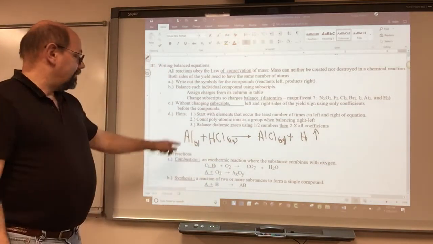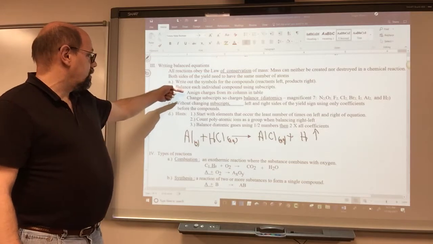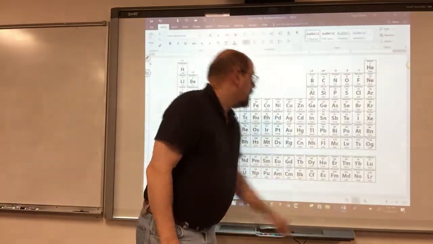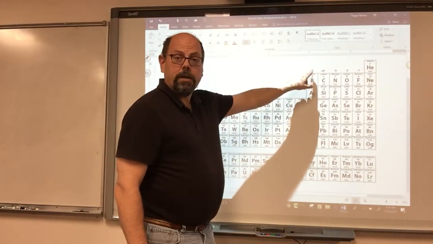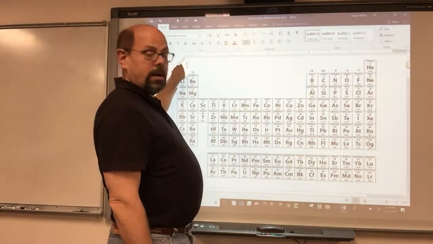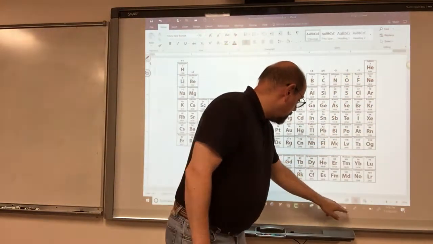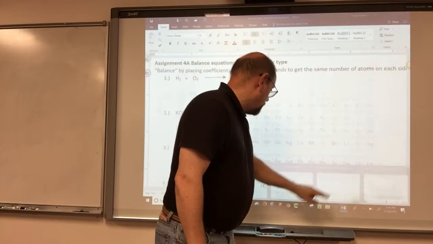Now, we have to give these all a charge, assigning charges from the columns in the periodic table. If you remember, we'll go over here real quick. Aluminum is right here, and it's +3. Hydrogen's +1. Chlorine over here is -1. So we're going to remember those and put them in this example.